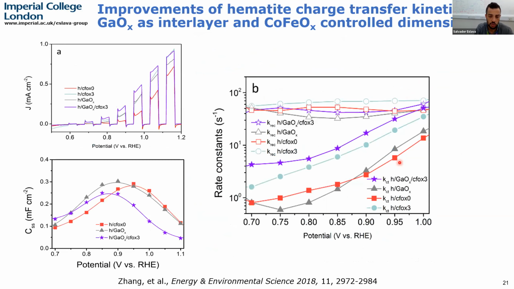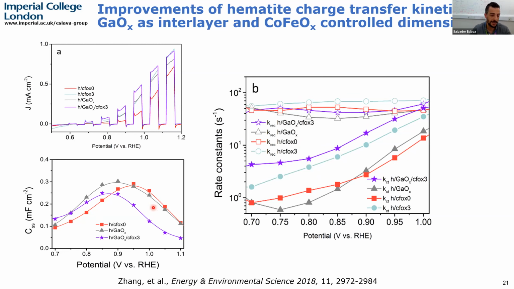We also saw that we can add an extra layer, an interlayer of gallium oxide, to further boost the photocurrents, which are also related to an increase of the charge transfer kinetics, as you can see with our study.